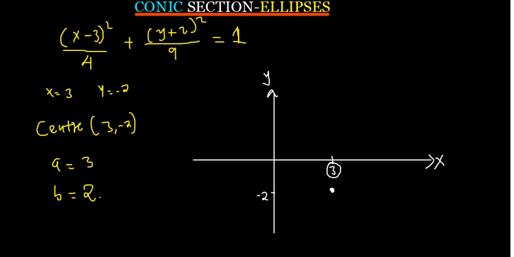So meaning that from the x value, which is the 3 of the center, we are going to add and subtract a 2. So 3 plus 2, that is going to give us a 5. So we are going to come here. So it should be straight. And then again, 3 minus 2, that is going to give us a 1. So it will be somewhere here.